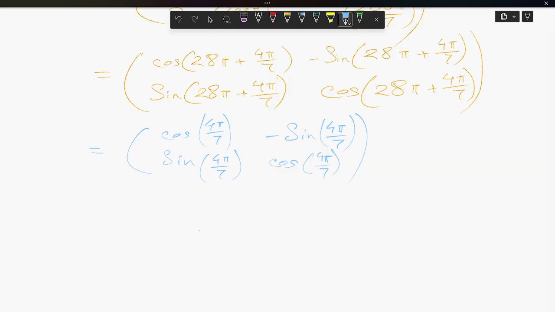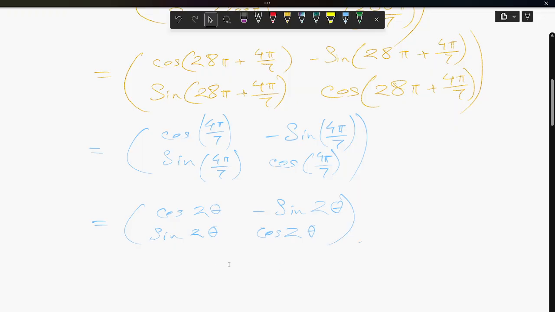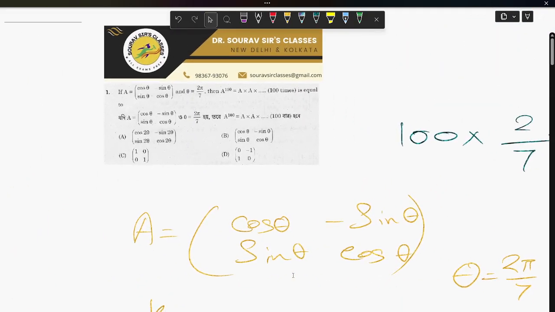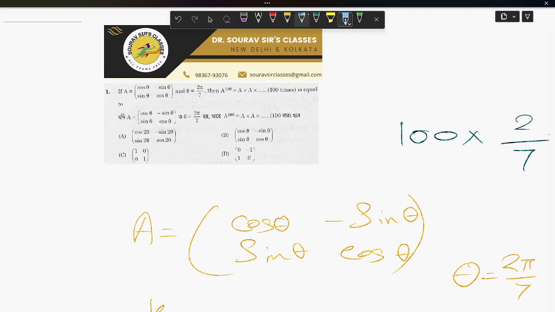So 4 pi by 7 is equal to 2 into 2 pi by 7, so we are finally getting cos 2 theta, minus sin 2 theta, sin 2 theta, and cos 2 theta. So the correct option of this question is option A.